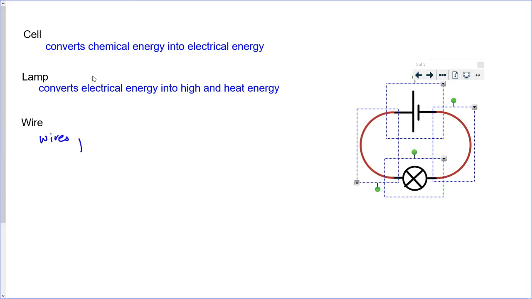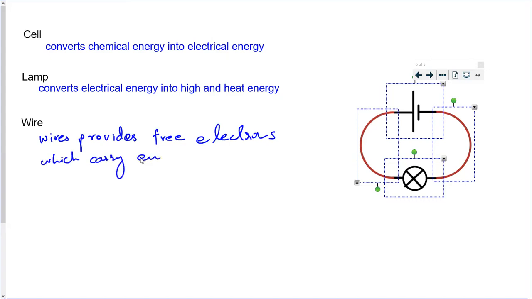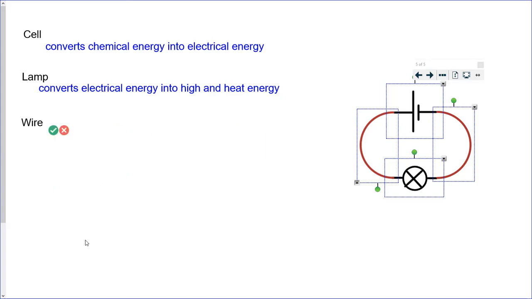Wires provide free electrons which carry electrical energy from the cell to the lamp.